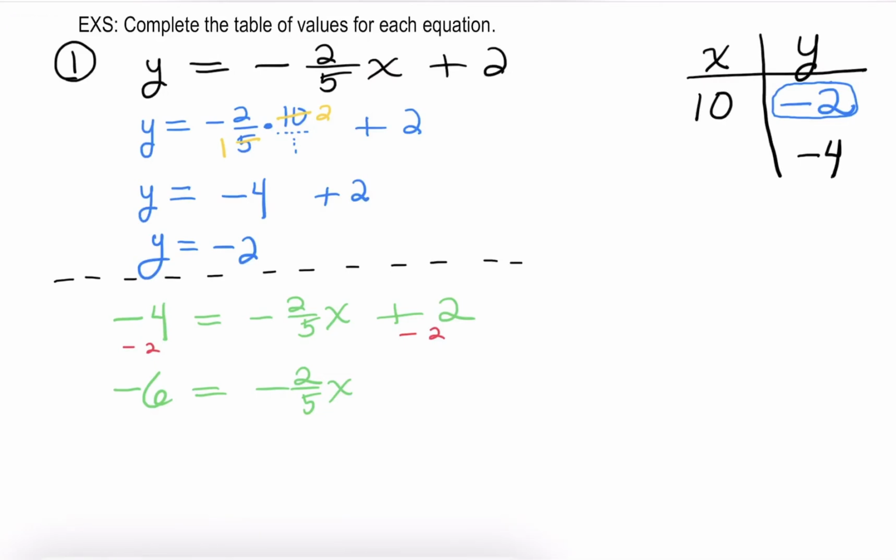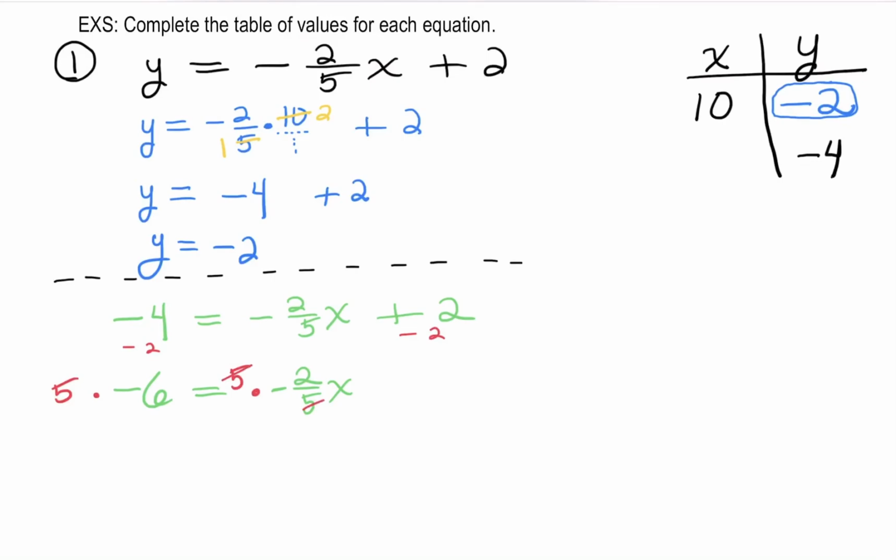And then I could, in one step, remember how we do this, if you're down to this very last step like we have here, so if you're down to just a variable times a fraction, you could do it in two steps if you wanted to. You could multiply both sides by 5 first, and what would that do? That would reduce the 5.